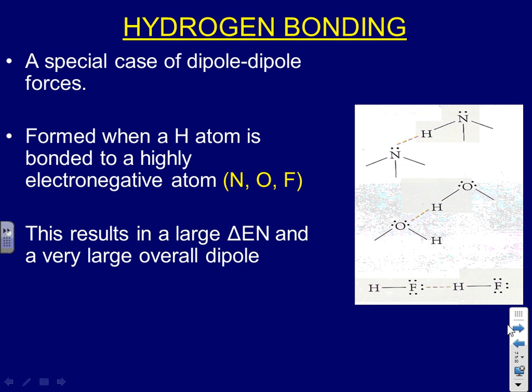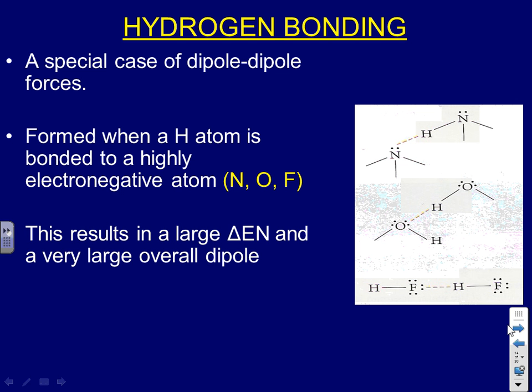You'll notice here as well, for the oxygen, we've got the 2 lone pairs, the O and the H, and we leave that other bond blank because it could be something else, as long as an O is bonded to an H directly. This results in large delta ENs, meaning they're really polar, essentially.